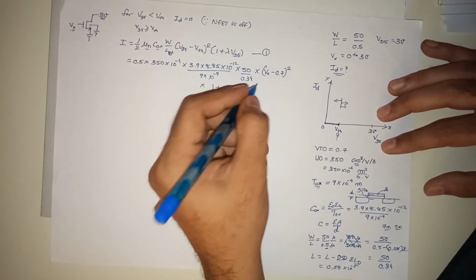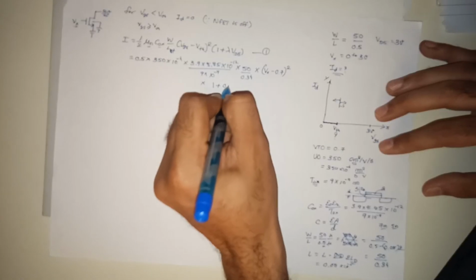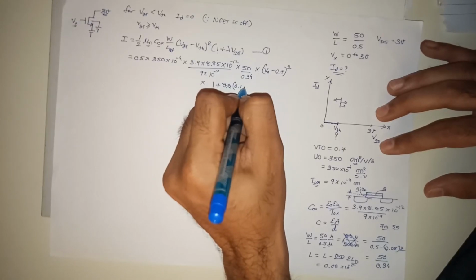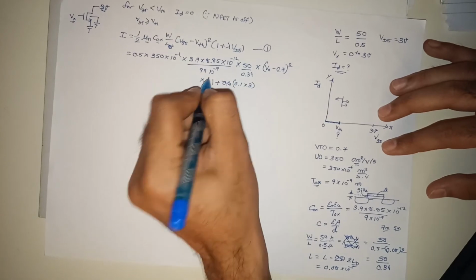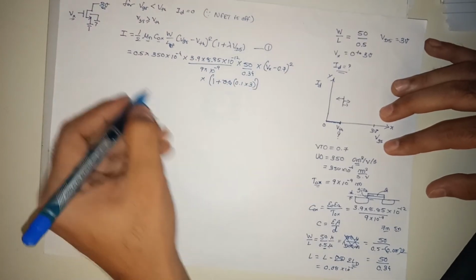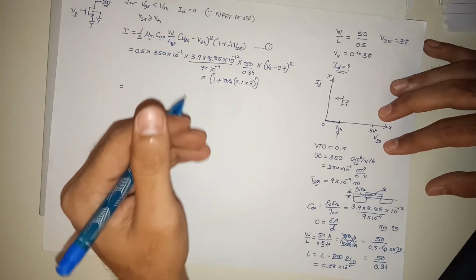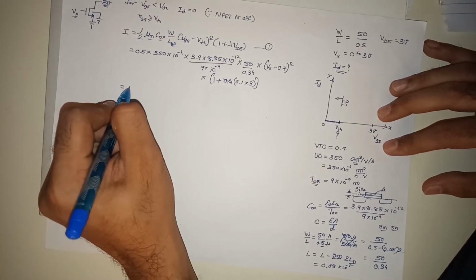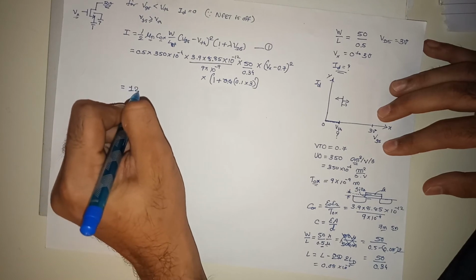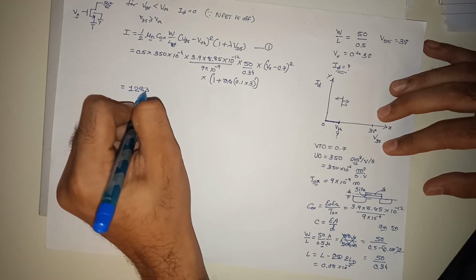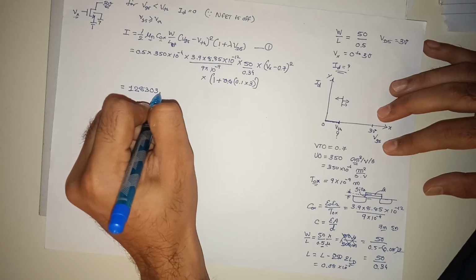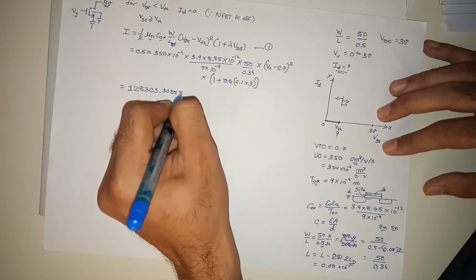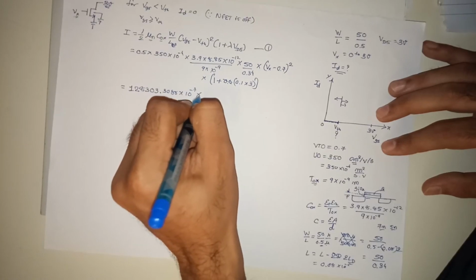Lambda is given in the table, that is 0.1, into VDS, which is 3. If you calculate this, you will get 128303.3088 into 10 raised to minus 7.